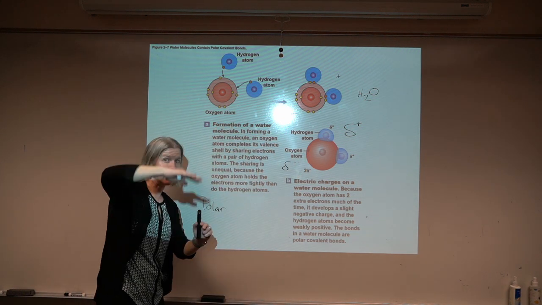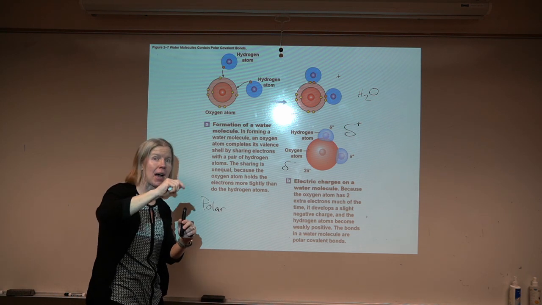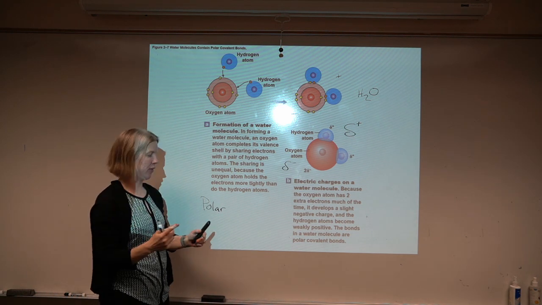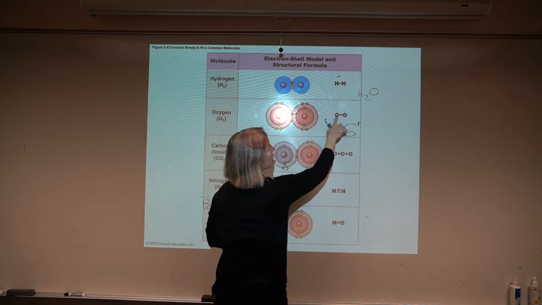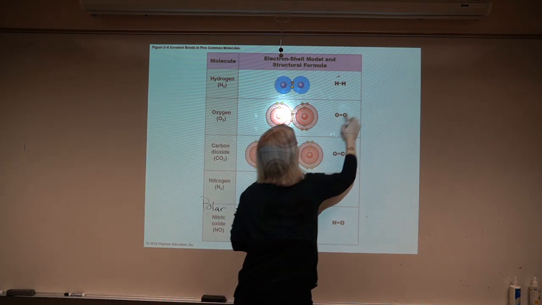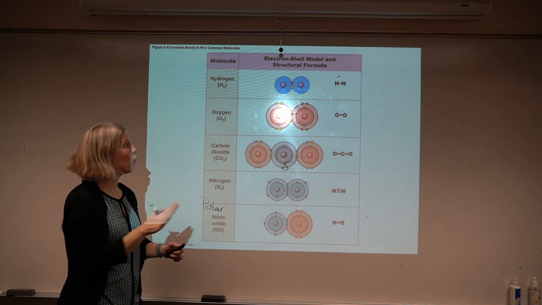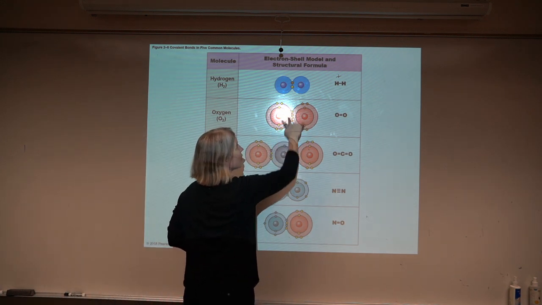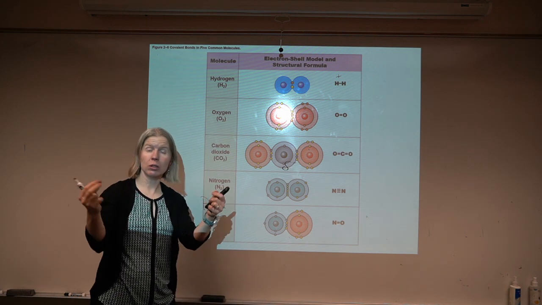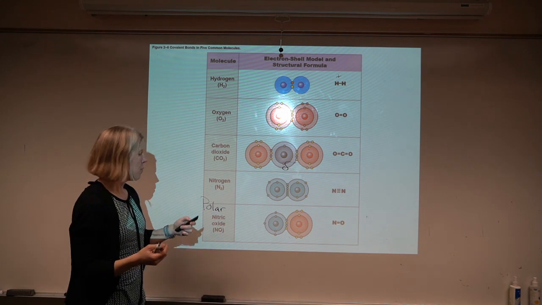The ends are different, right? There's like a north pole and a south pole. It's like a battery. There's a positive end and a negative end. That is different than oxygen, where these things are equally shared. There are no poles, right? This electron spends just as much time around each because it's equal pulling, okay?